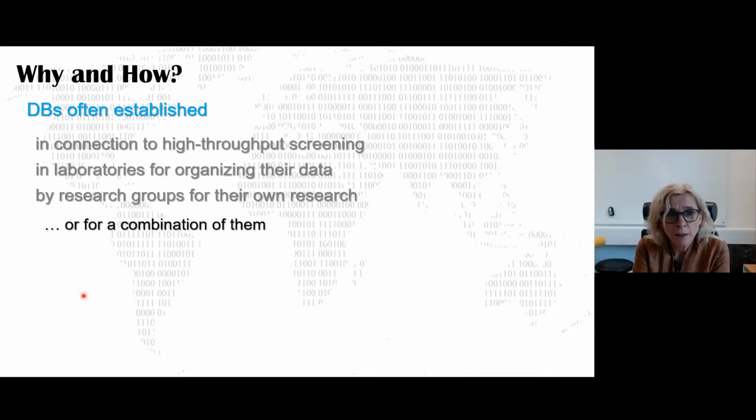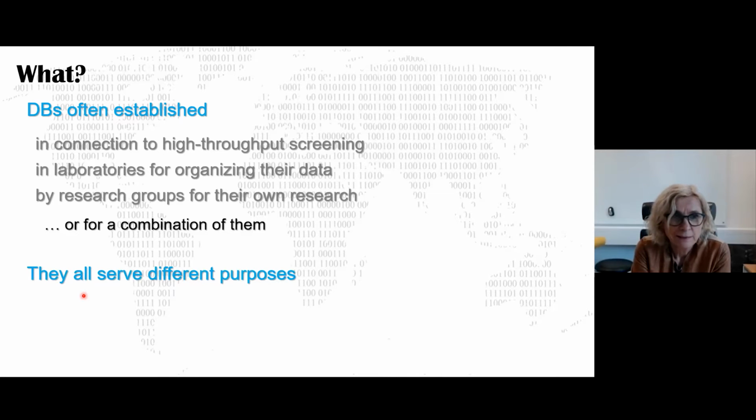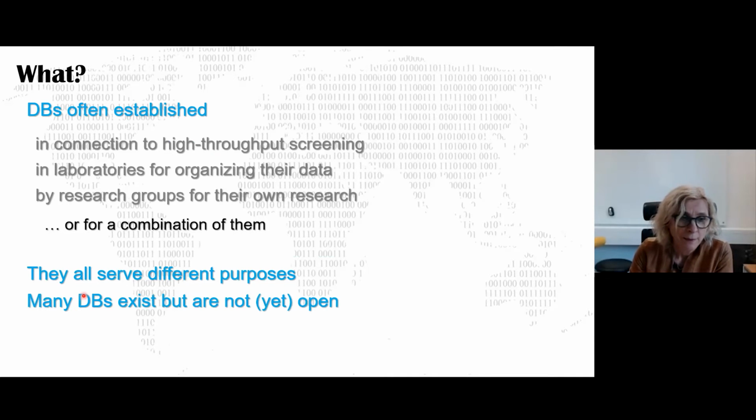Right? So going beyond why and how, what does this mean now for our field? That means that we have probably a lot of databases that serve different purposes depending on who was behind and what the purpose was of starting high throughput screening or work in the group.